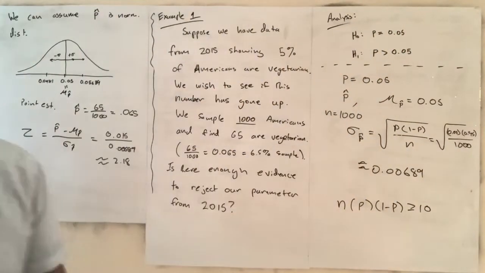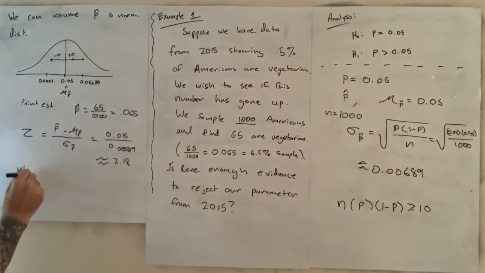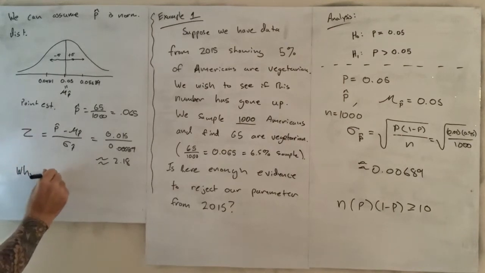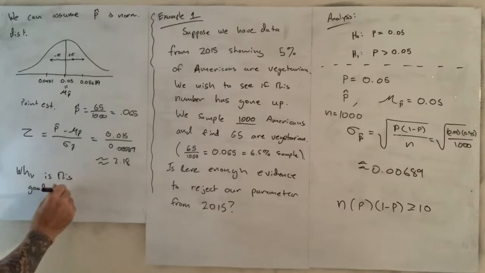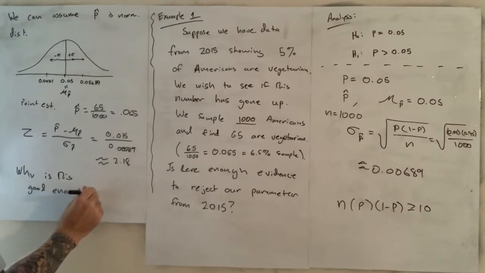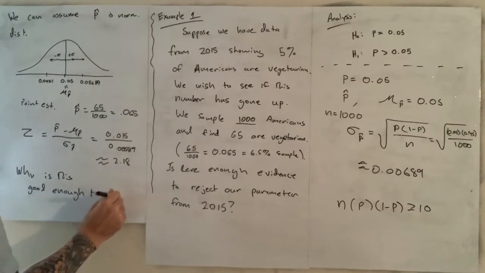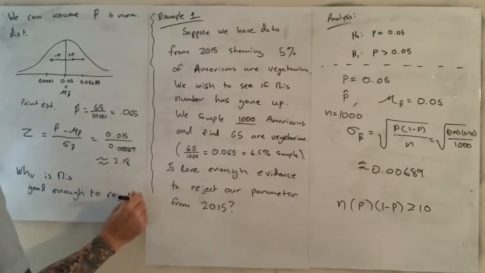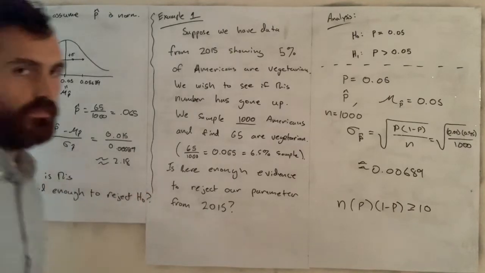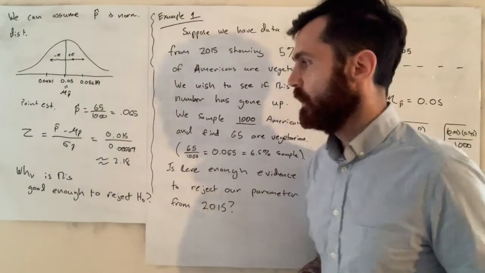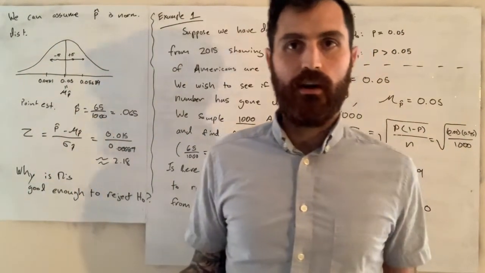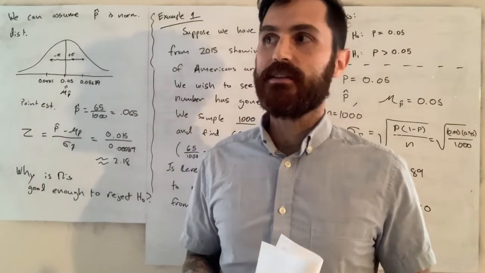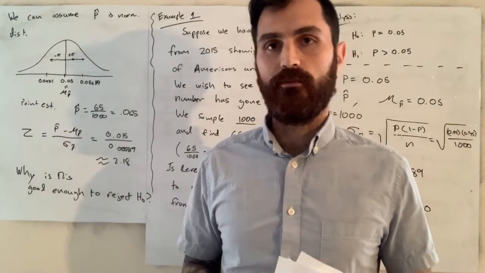And so why is this good enough to reject H0? So this is the question. Well, maybe on the outset, it's actually not good enough because we haven't decided kind of a level of significance.